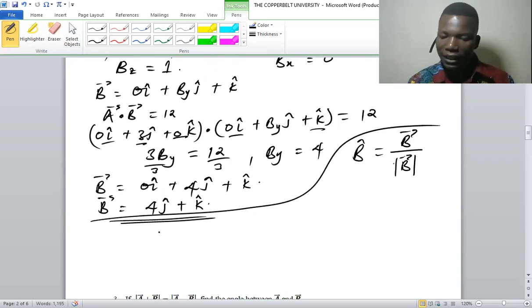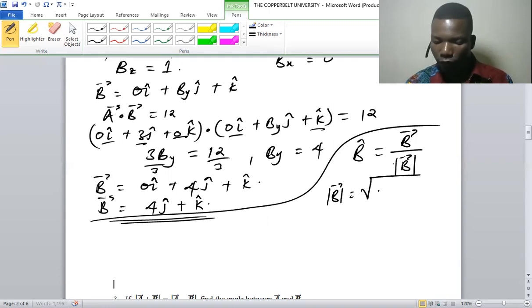So we have to first find the magnitude of vector b, which is the square root of 4 squared plus 1 squared.